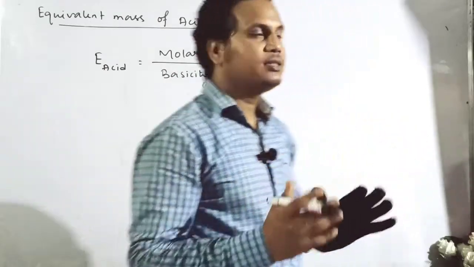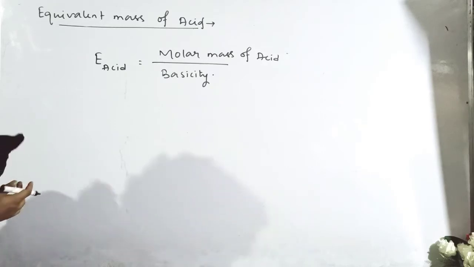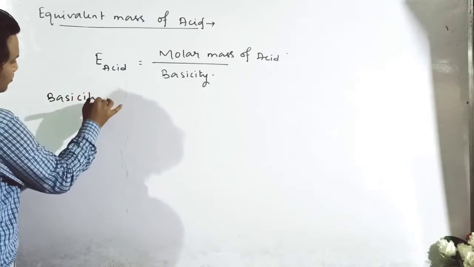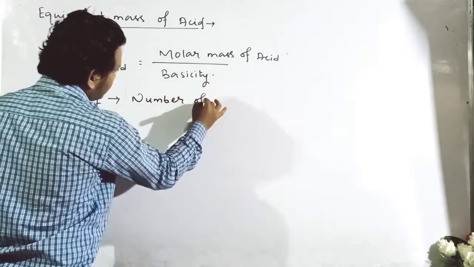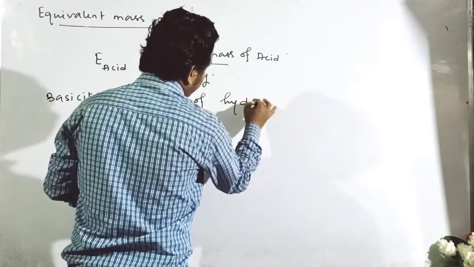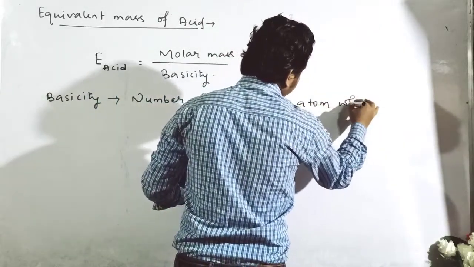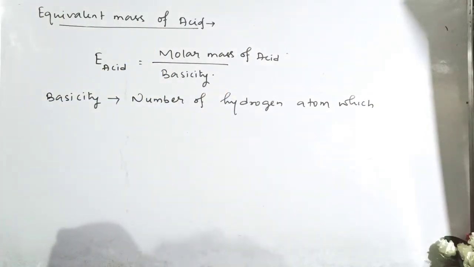Now what is basicity? What is the meaning of basicity? Basicity is the number of hydrogen atoms which can be replaced from one molecule of acid.